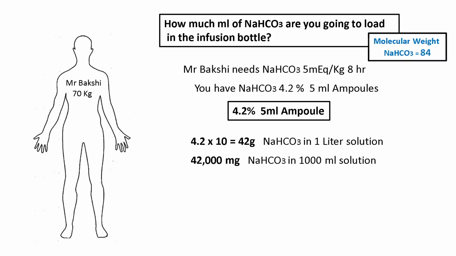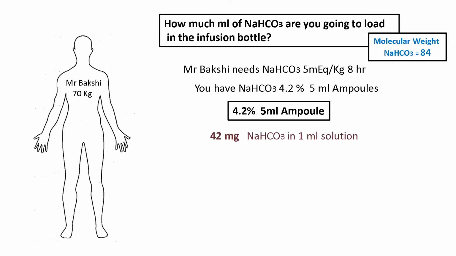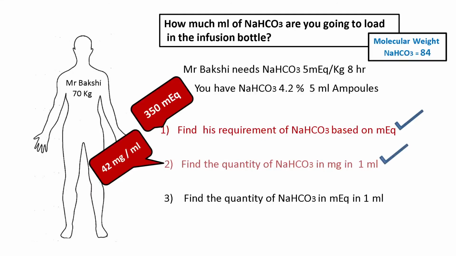That means we have 42 milligrams of sodium bicarbonate in 1 ml of the solution. So we got the answer to the second point also, that is 42 milligram is there in every ml of this solution.